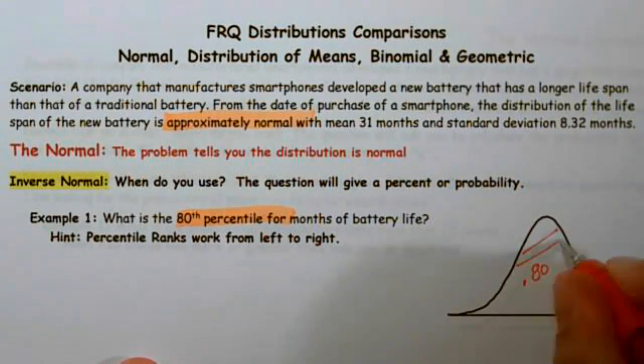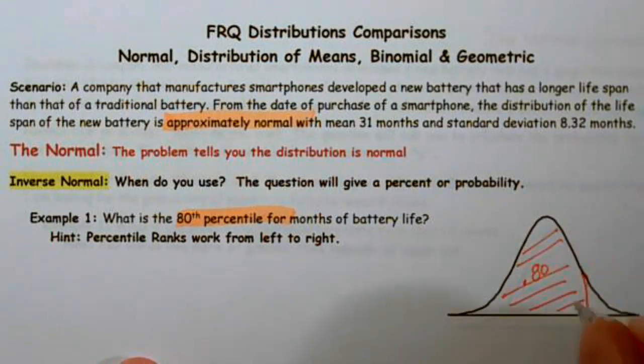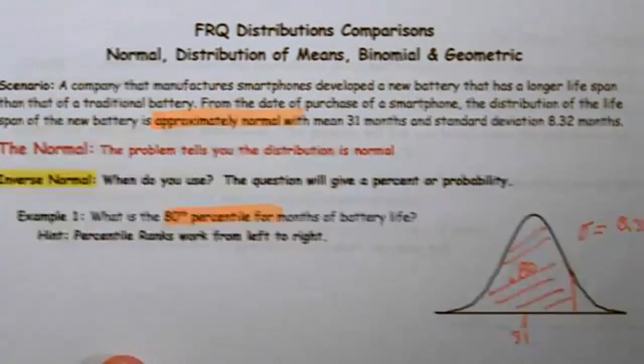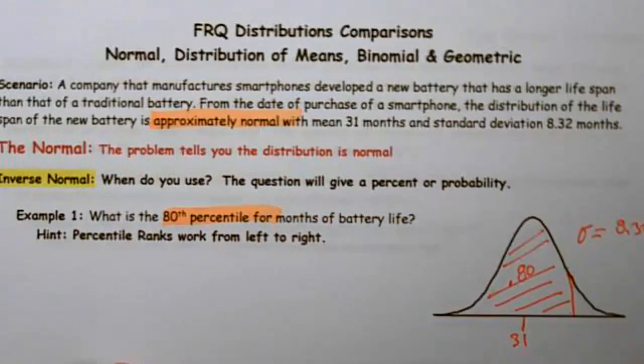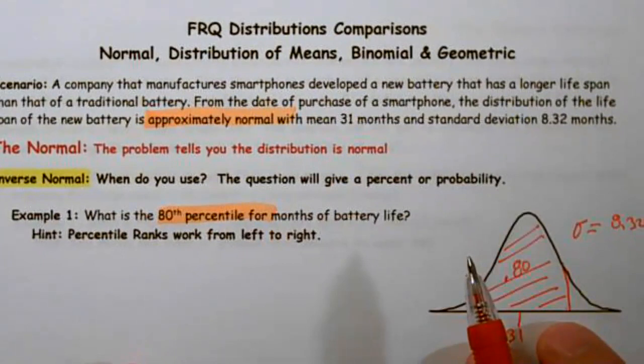So this shaded area is going to be about 0.80, and my mean happens to be 31, and the standard deviation is 8.32. I highly recommend you draw the little normal curve, label the mean, and show your shading. It tends to help out a lot.